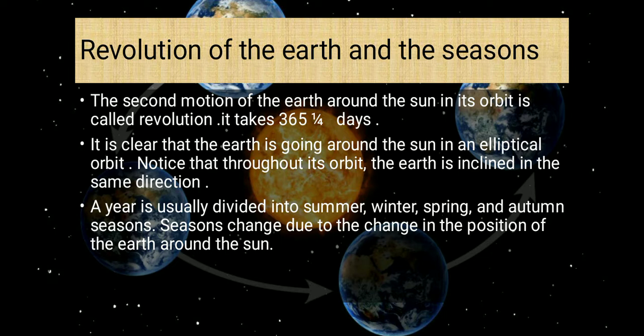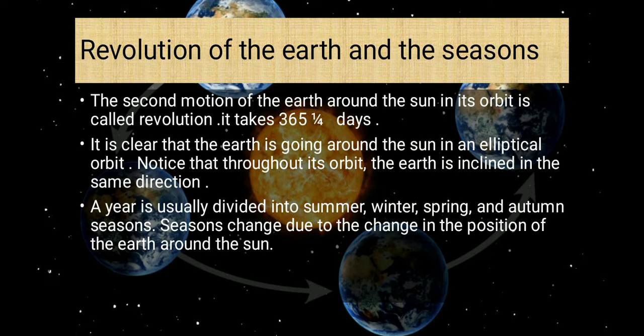It is clear that the earth is going around the sun in an elliptical orbit. One thing is noticeable, that throughout its orbit, the earth is inclined in the same direction. Earth does not change its direction. A year is generally divided into 4 main seasons, that is summer, winter, spring and autumn, and that change we find due to the change in the position of the earth around the sun.